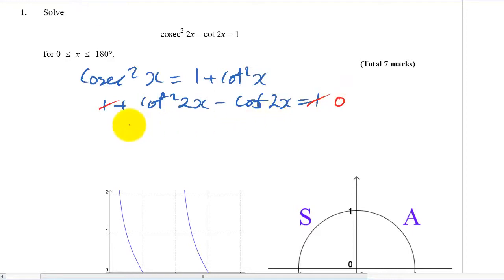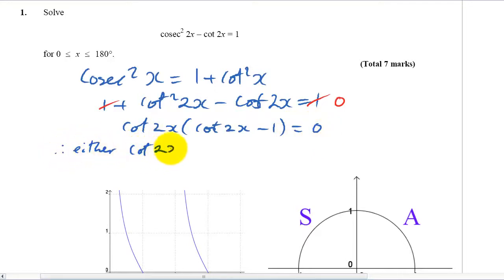We take out a factor of cot 2x, and that leaves us cot 2x still here, minus 1. So therefore, either cot 2x equals 0 or cot 2x equals 1. Take that from the brackets.